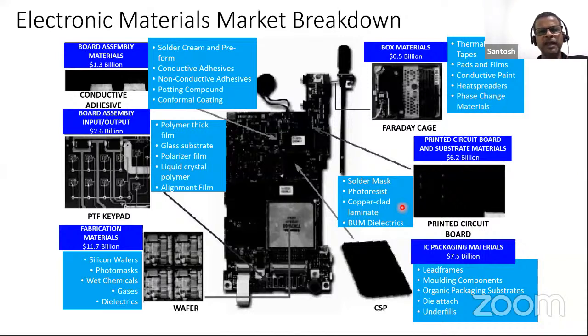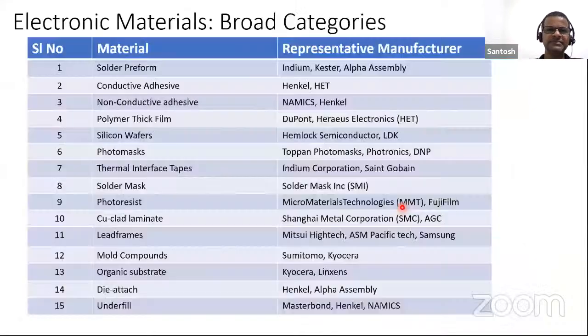So not only fab houses, there are a lot of supporting allied industries which are supporting this segment to form this entire value chain, starting from wafers all the way up to computers or mobile phones or all the IC devices that come to market.